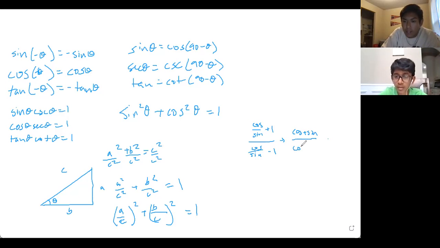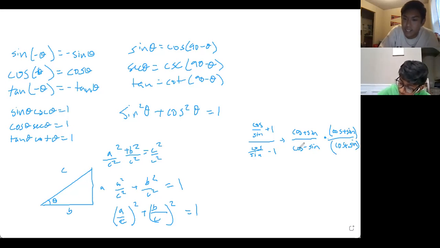Okay, let me give you a hint. This one just might not be as obvious. I would multiply by the conjugate. And that's just me personally, because I see this cosine minus sine. And you'll see why, I think.